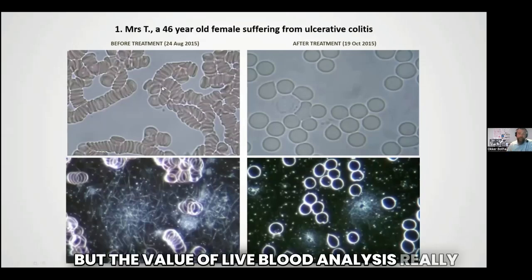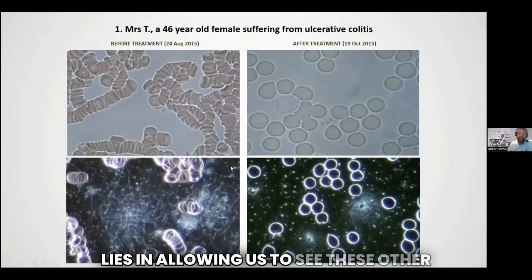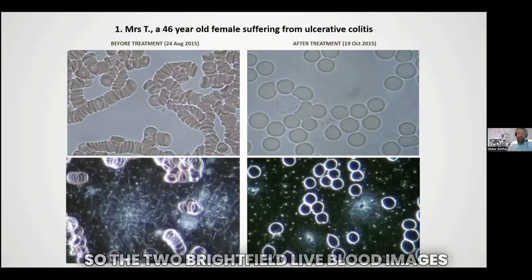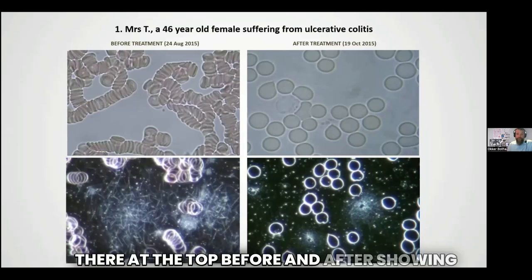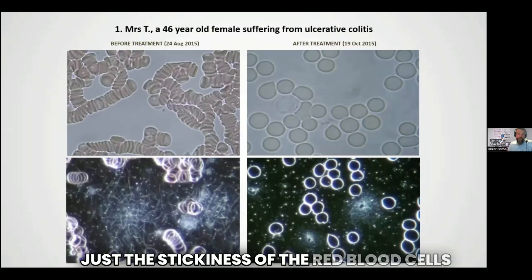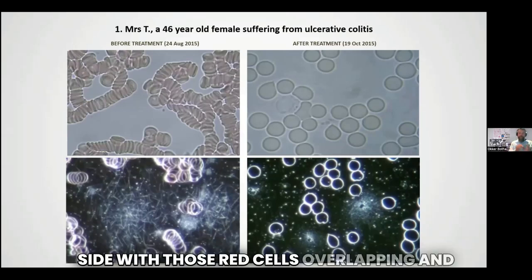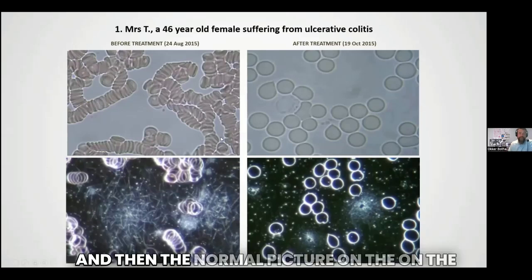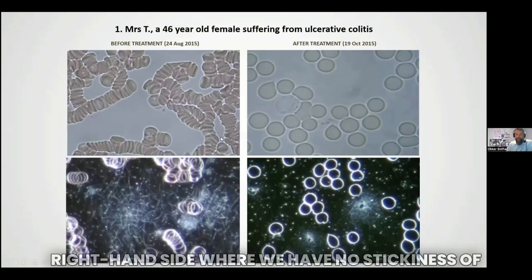But the value of live blood analysis really lies in allowing us to see these other imbalances taking place at a cellular level. So the two bright field live blood images at the top, before and after, show the stickiness of the red blood cells, quite severe rouleau on the left-hand side, where the red cells overlap and form long chains, and then the normal picture on the right-hand side, where we have no stickiness of the red cells.